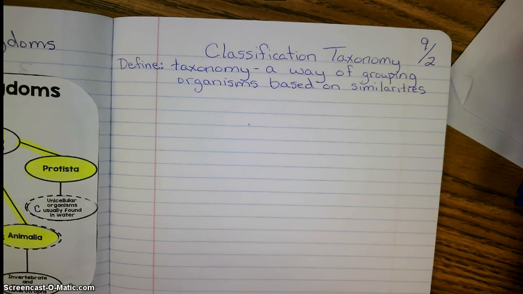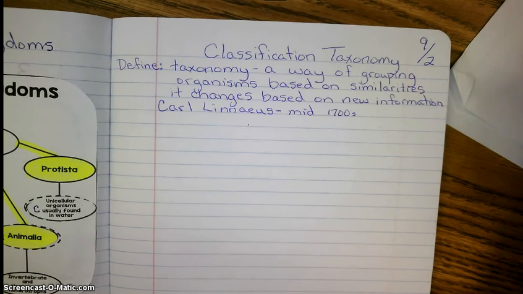And so then they said, hey, let's group them according to, do they have a nucleus in their cell or not? So we're going to have a prokaryotic and a eukaryotic. But they weren't able to do that until the technology got better, till the microscope got better. And so as our information changes, then so does our grouping. So it changes based on new information.